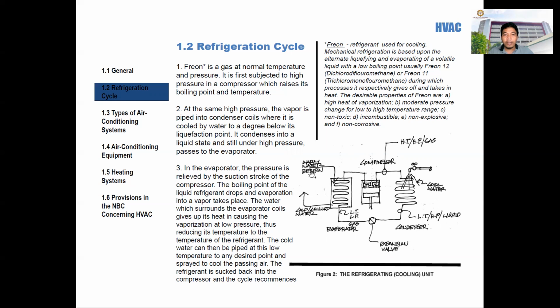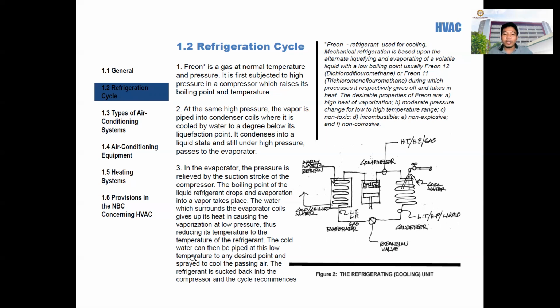And then number 3, in the evaporator, the pressure is relieved by a suction stroke of the compressor. So the boiling point of the liquid refrigerant drops and evaporation into a vapor takes place. The water which surrounds the evaporator coils gives up its heat in causing the evaporation at a low pressure, thus reducing its temperature to the temperature of the refrigerant.